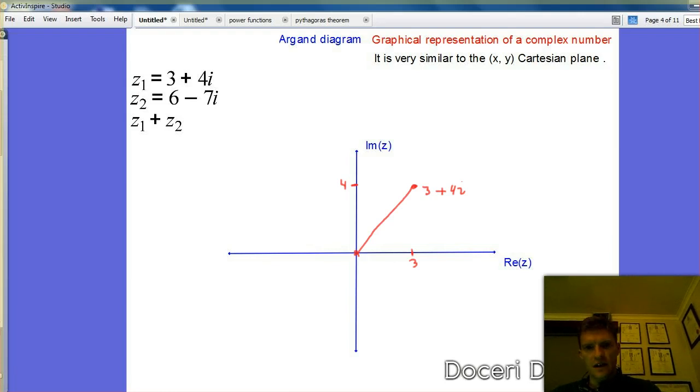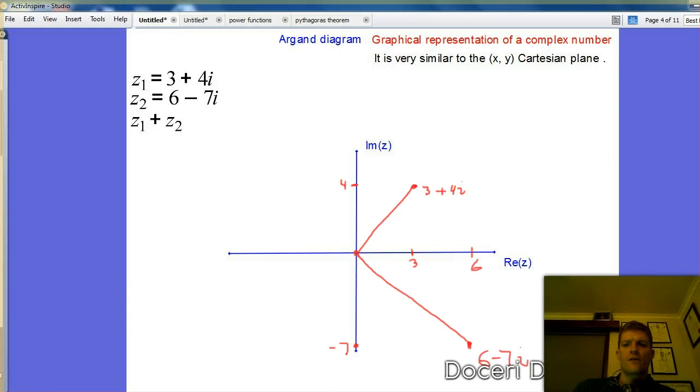Let's continue. So now let's look at z2, where we've got 6 minus 7i. So 6 as a real number is probably down there, and minus 7 will be much lower, as far down as that. So we will have our z2, 6 minus 7i, as a complex number, and again some point away from the origin there.